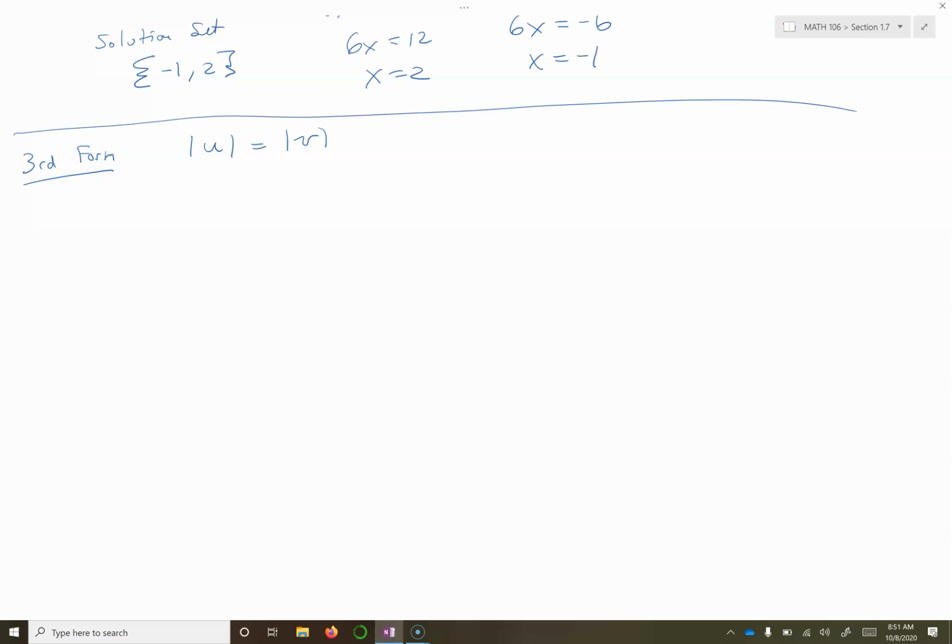So this is how we split this out. Again, we're going to get 2 equations. One equation is going to be u equals v, but then also u is going to be equal to negative v. They're the 2 equations that we're going to end up having to solve. And I'll show you how we apply this in an example.